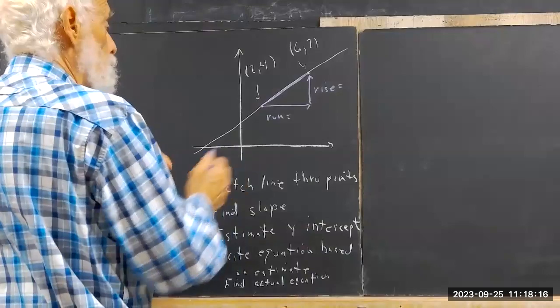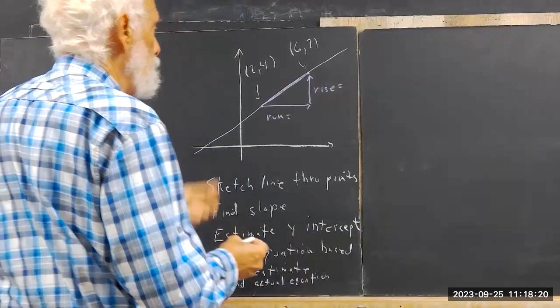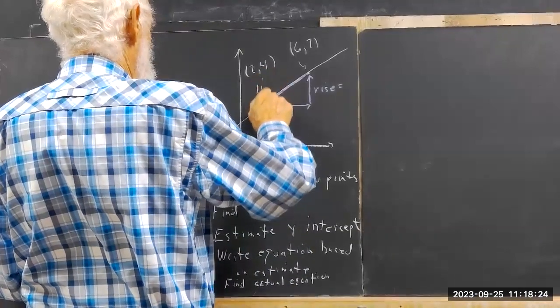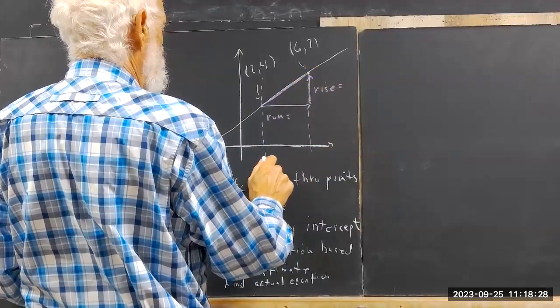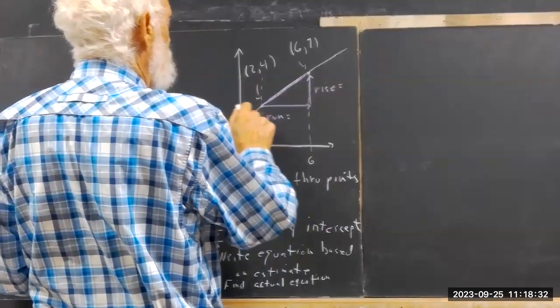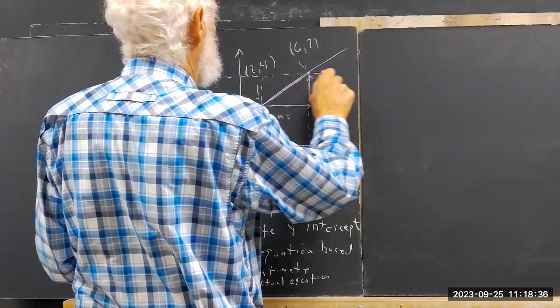Now, what's the run? Well, the run goes from x equals 2 to x equals 6. Now we can sketch a couple of dotted lines here for the x coordinates. Right here, x equals 2, right here, x equals 6. We sketch a couple of lines for the y coordinates of these points.